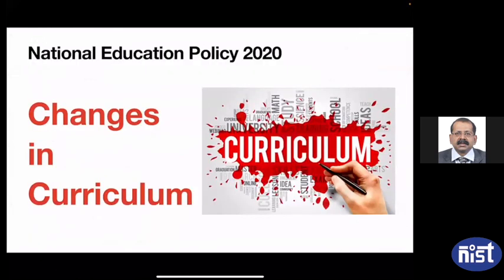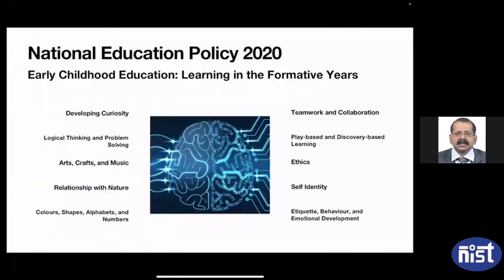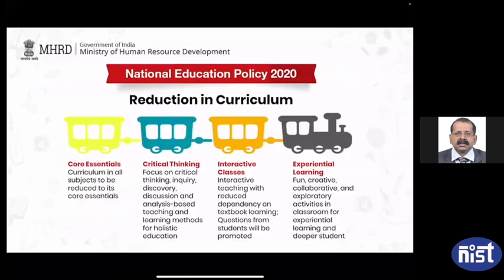So now the changes in the curriculum which come. Well, there will be a reduction in the curriculum which we see in the school, and curriculum in all subjects will be reduced to the core essentials, and critical thinking will be encouraged. So there will be a focus on critical thinking, inquiry, discovery, discussion and analysis based teaching and learning methods for holistic education.